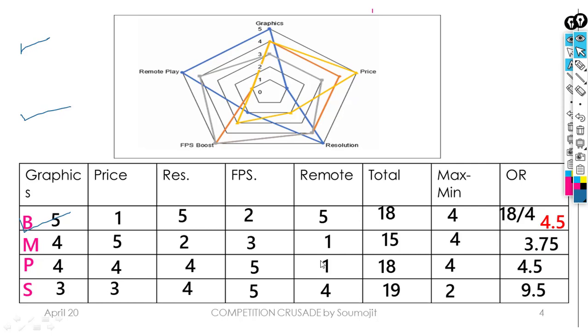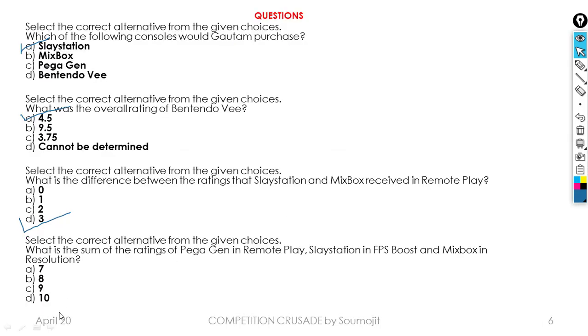Slay Station in FPS is 5. Okay, this one is 5, and Mixbox in remote control is 2. So what is the sum? 1 plus 5 plus 2? 8. I hope we have an option of 8. Yeah, so we have an option of 8. So we have solved the set.